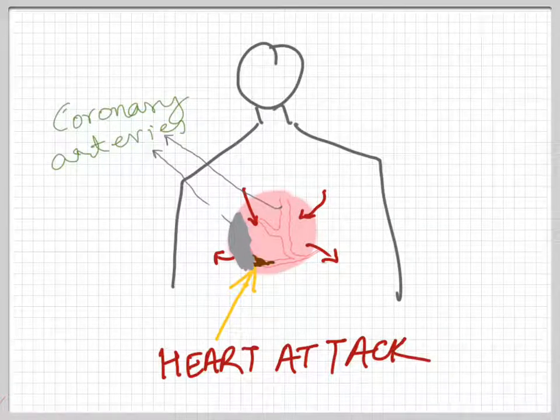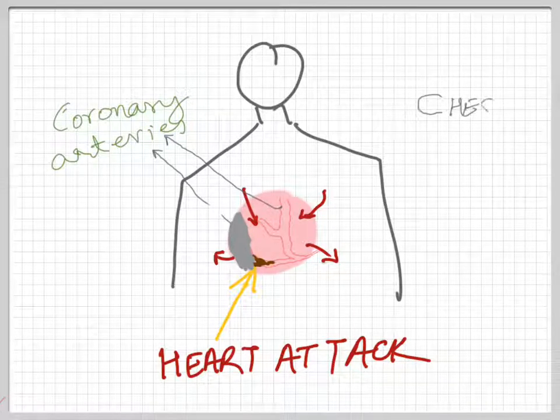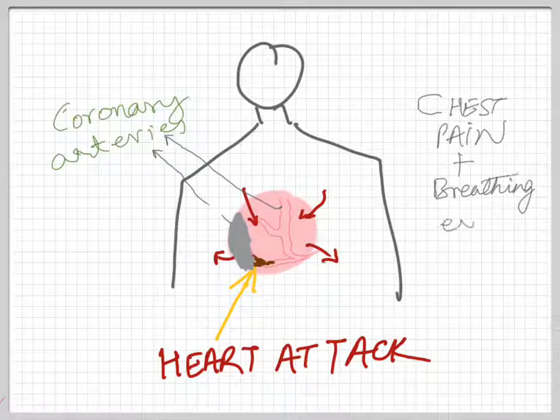And it is important to understand the symptoms of heart attack because that's how we recognize a heart attack may be happening. So the first symptom is chest pain, which is the main symptom. May not always happen because people can have silent heart attacks, but chest pain is the most common symptom of a heart attack.